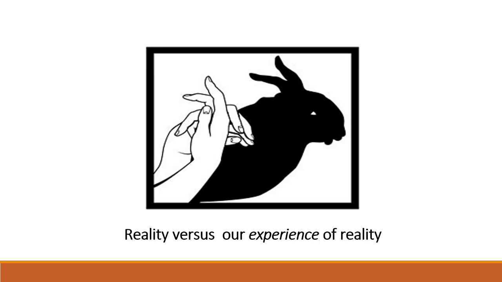As you see with the two hands, what you see and the perception of what's there are two different things, right? Is it just two hands put together and then a silhouette of those two hands, or is the other one a rabbit? So what is the experience of reality? What is it that you see? And what does what you see mean to you? Right?